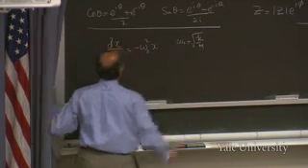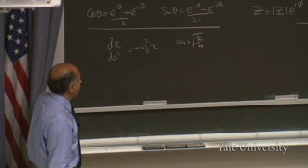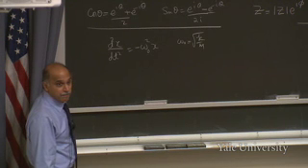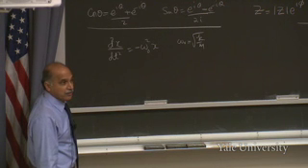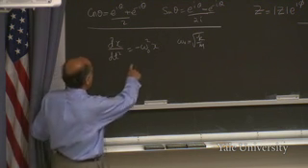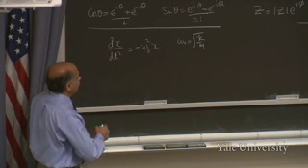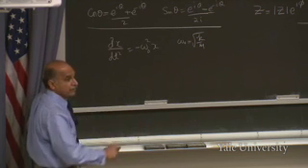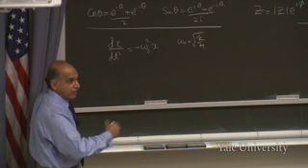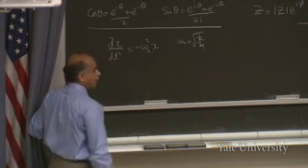I'm going to call it omega naught because we will find as the hour progresses there are going to be many omegas in the game. Two more omegas are going to come in. So we've got to be able to tell them apart. As long as there's only one omega in town, you just call it omega. If there are many, you call this omega naught to mean it's the frequency of vibration of the system left to its own design. When you pull it and let it go, what's the frequency or angular frequency? That's what we call omega naught.